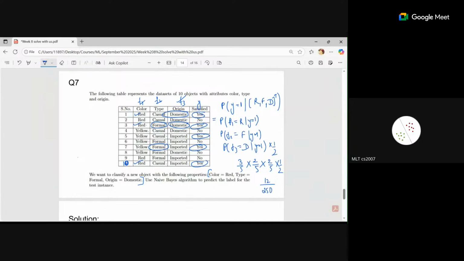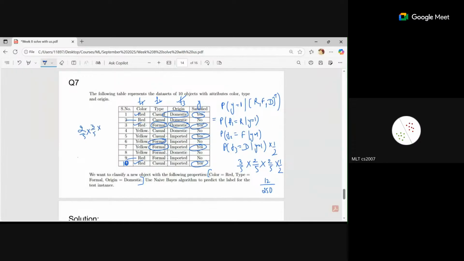Now, similarly, we have to look for the probability of y is equal to 0 given this x test. In that case, if f1 is red, we have to see, this is 1 and 2. So 2 by 5 times, we need to look at formal. So that is going to be 1, 2 and 3. 3 by 5.